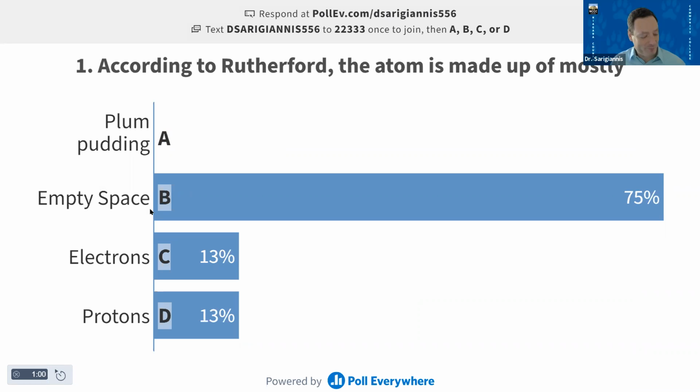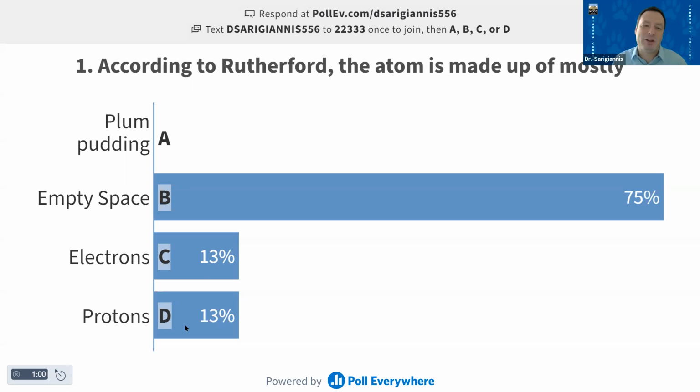Not plum pudding. Electrons and protons: electrons are in the outer region, in the orbitals of the atom. Electrons are the lightest of the components in terms of mass. Protons have the same amount of mass as neutrons, but all the protons and neutrons are tightly packed in the center nucleus, right?